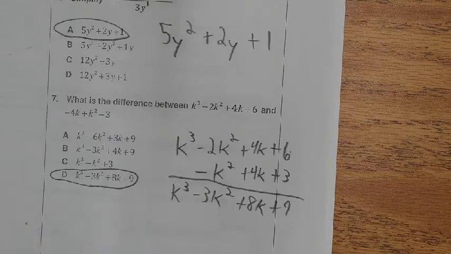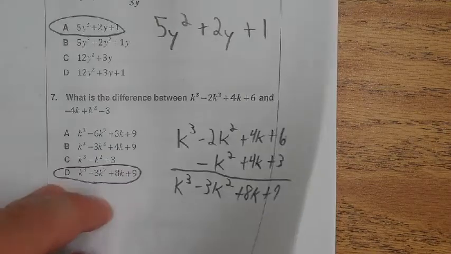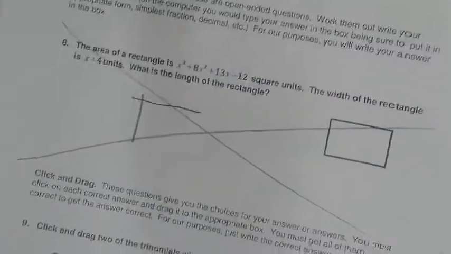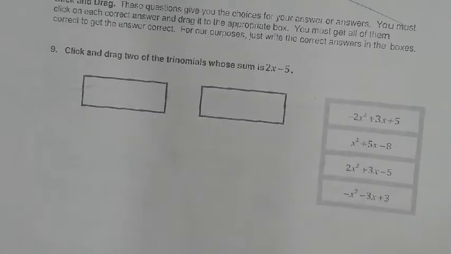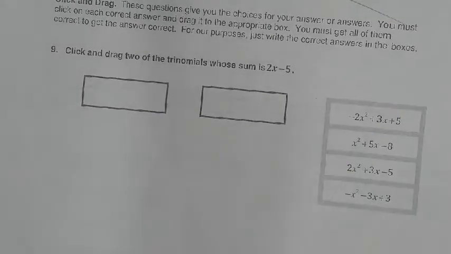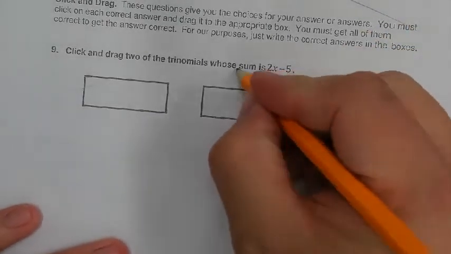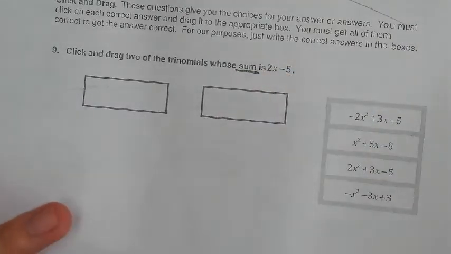All right. Page 6. This first one you're supposed to mark out. So let's go to this one. Click and drag two of the trinomials whose sum is 2x minus 5. What does sum mean? Add. So since we're adding, we know we're going to have to combine the ones with like terms, and we know our x squares have to cancel out.